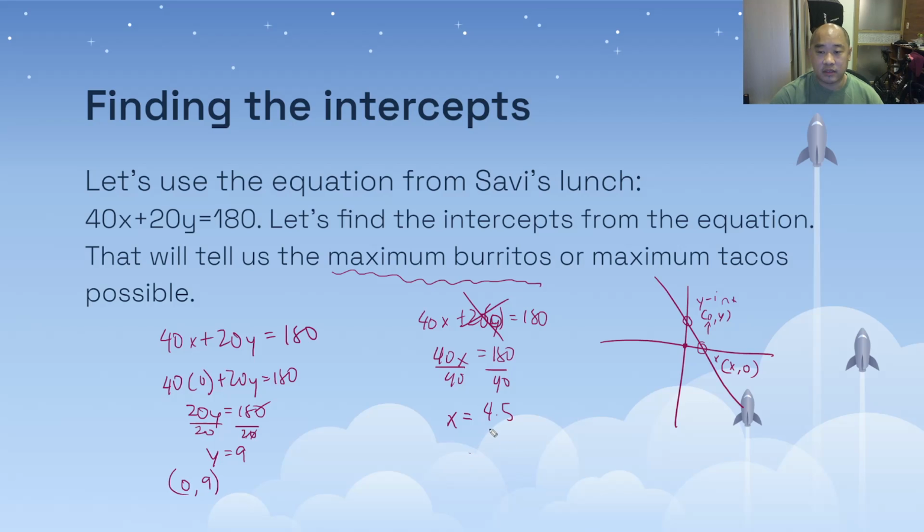But the intercept is going to be 4.50. So we have the y-intercept here, the x-intercept here, and if you had to give an answer that made sense in the context of a question, you might change it to a whole number or something like that.